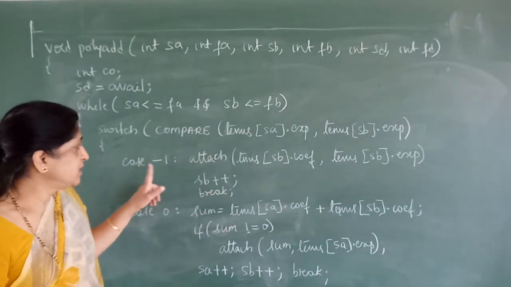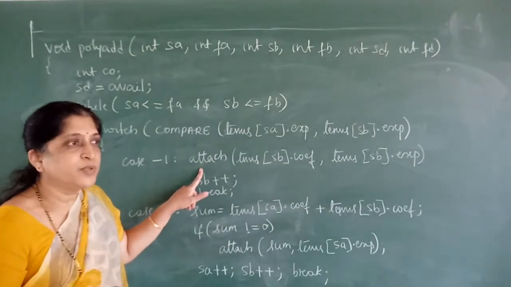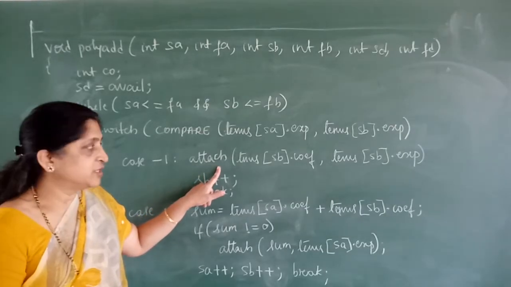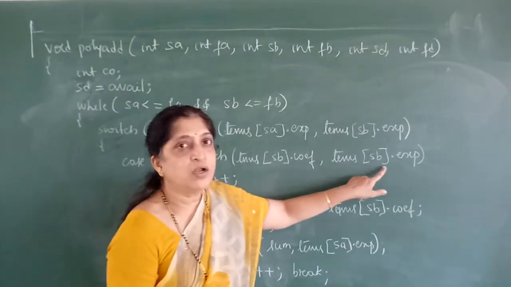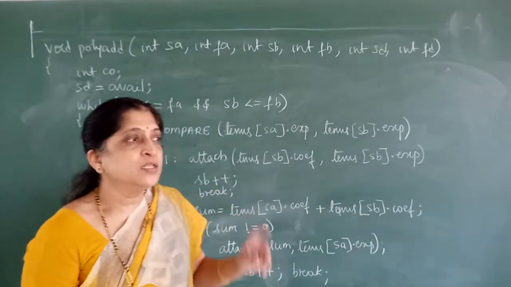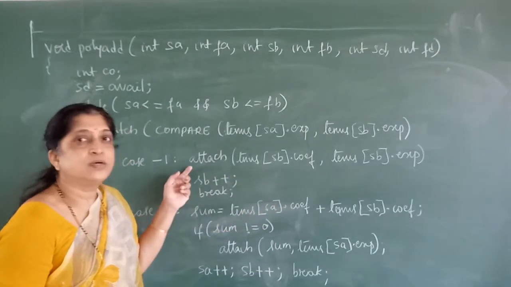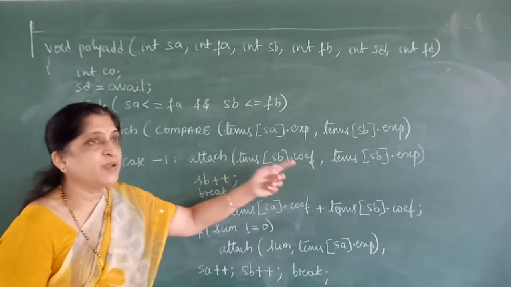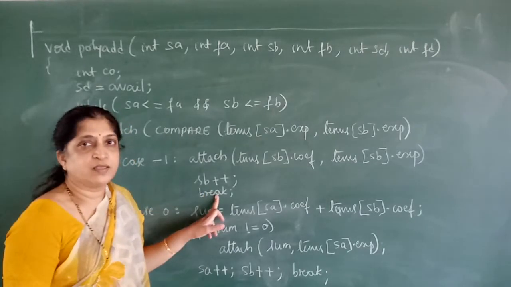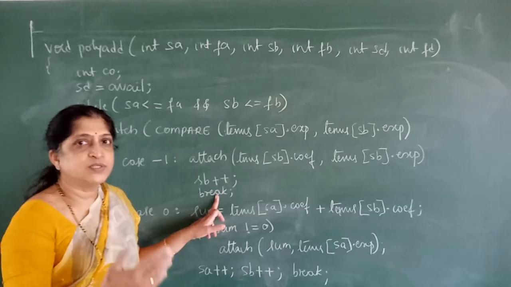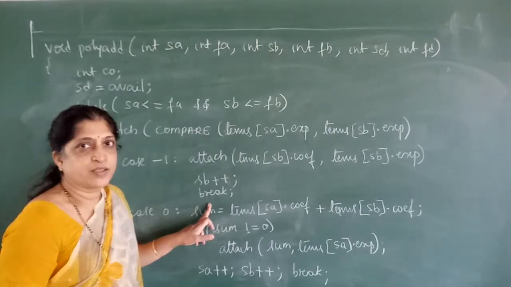So in case -1, we attach the terms of the polynomial B. We are calling the attach function by passing terms of sb dot coefficient and terms of sb dot exponent. We have already seen the attach function. That function is called by passing these two values of the B polynomial. Then these two will be attached to the sum polynomial, that is the polynomial D. Then increment sb, that is start B is incremented. That means we are advancing to the next term of the polynomial B, and break.